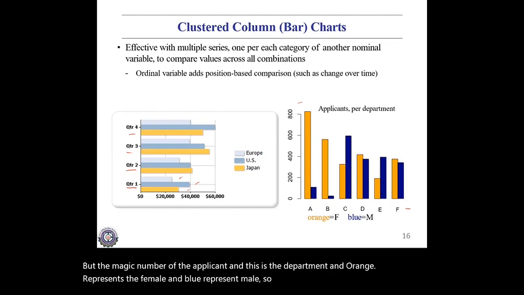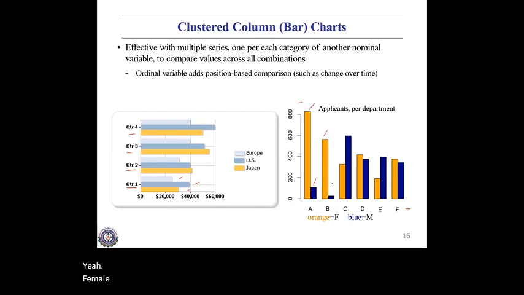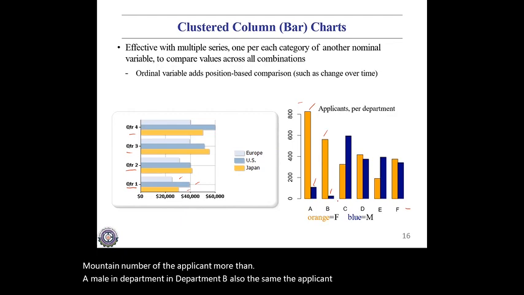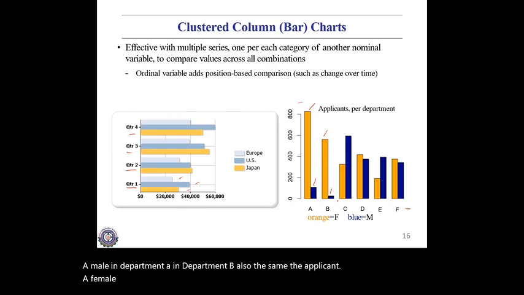So then we can see, in department A, female applicants are more than male. In department B, also the same, female applicants are more than the male applicants.